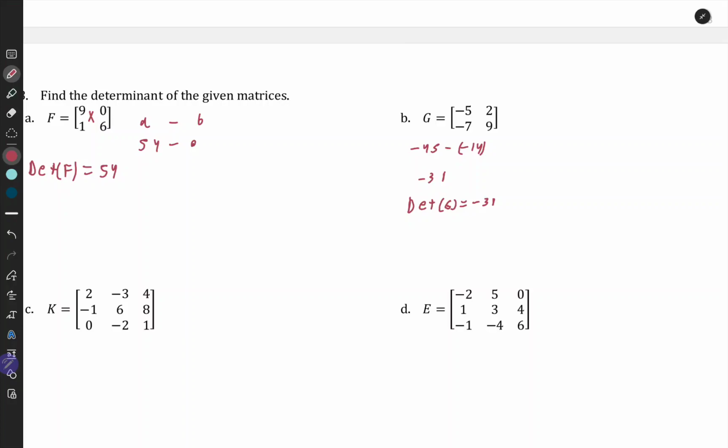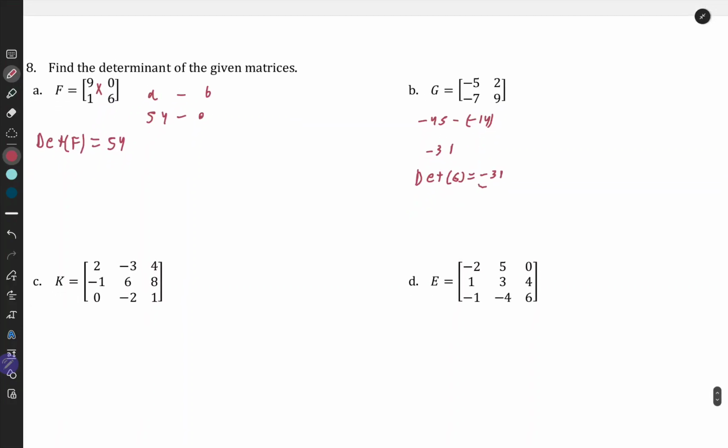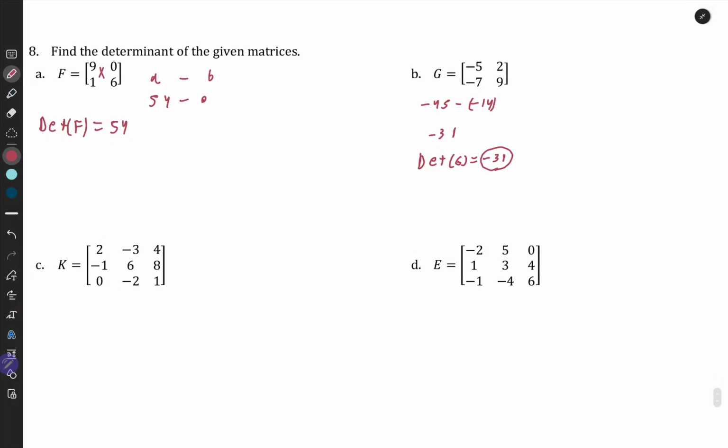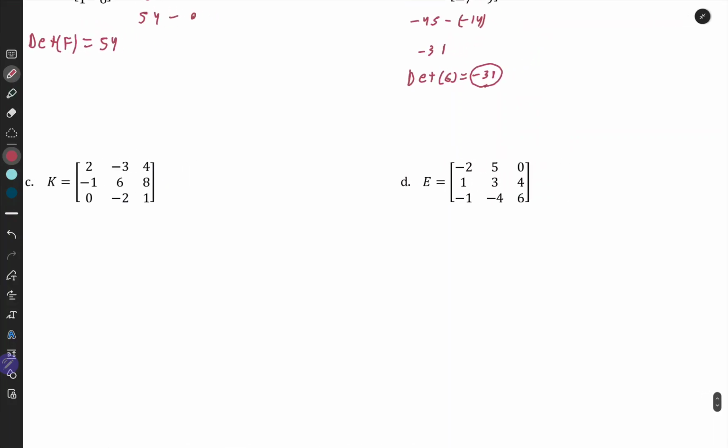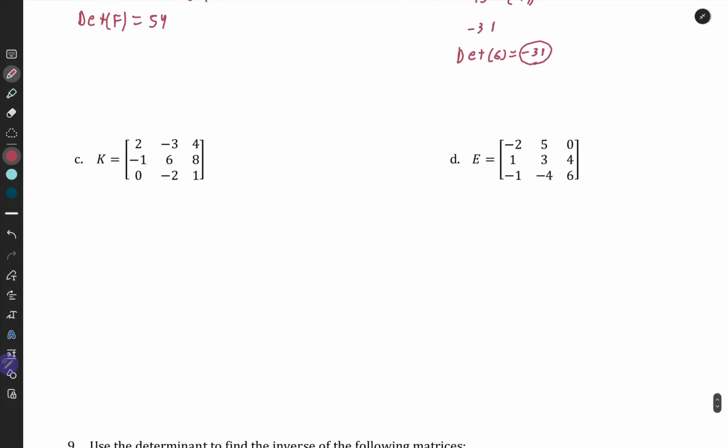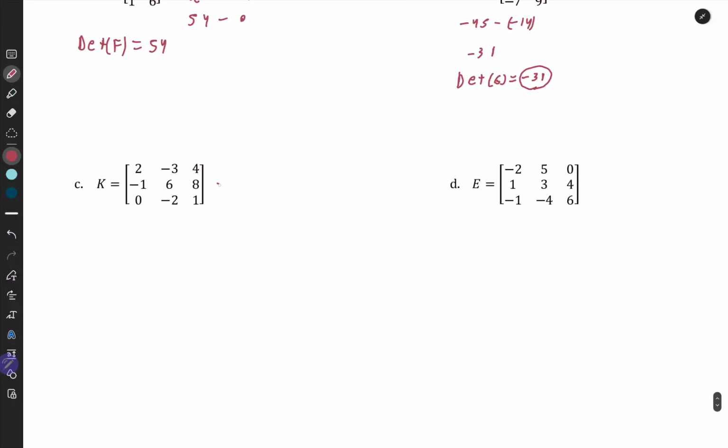Right, so I'm about to show you why this is important. In this case, let's try to find the determinant of this, because the 3-by-3 matrices are pretty hard. So let me just show you a quick tutorial.